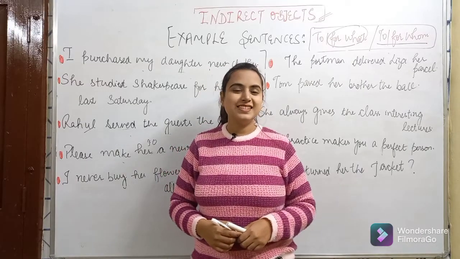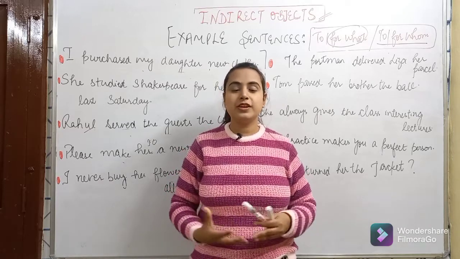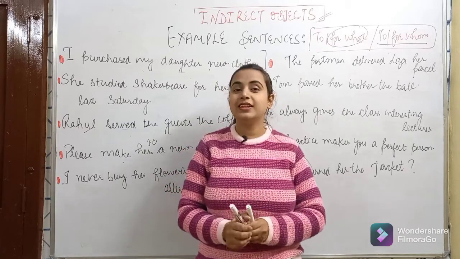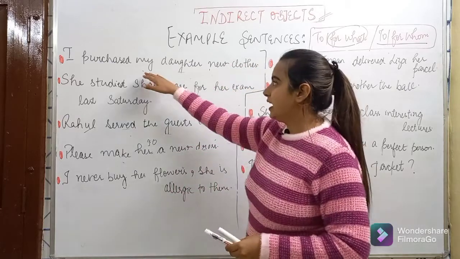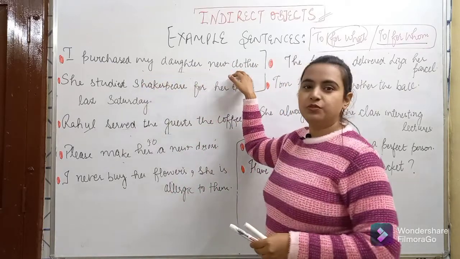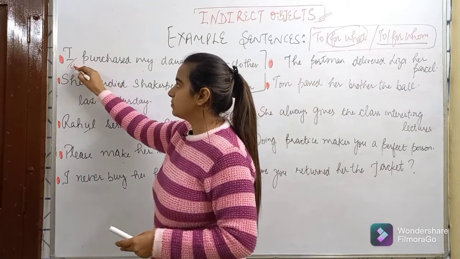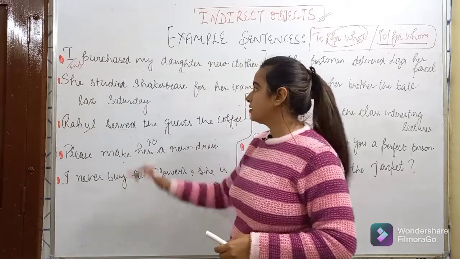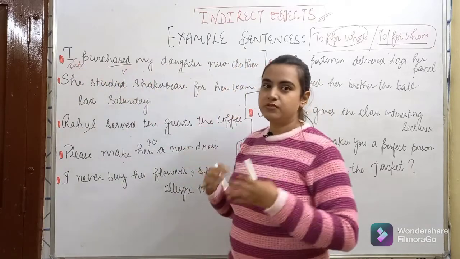So guys, these are the example sentences that we are going to use in order to identify the direct as well as indirect objects in the sentences. The very first is, I purchased my daughter new clothes. So I is the subject here because it is performing the action of the verb purchased. It is a past participle, purchased verb. I purchased what?